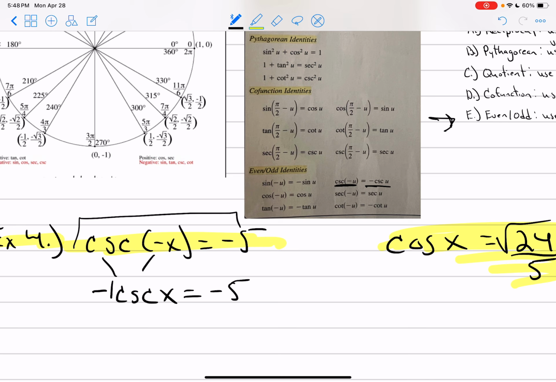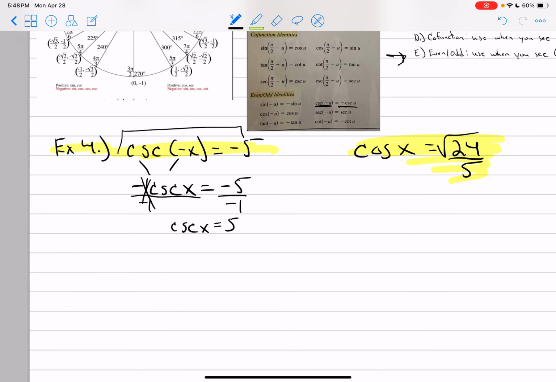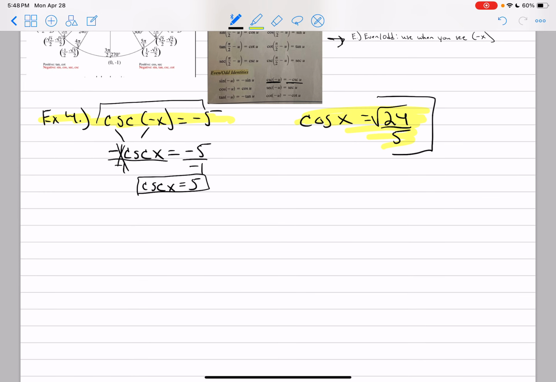That's -1 times cosecant of x equals -5. Solve that for cosecant: just divide by -1. Cosecant of x equals 5. So all this one really told me is that the cosecant of x is 5 and the cosine of x is root 24 over 5. I got a lot to work with.